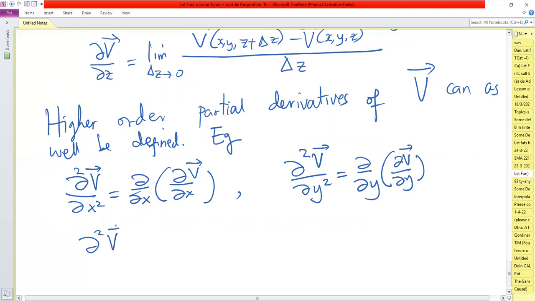The second partial derivative of v with respect to z is the same as partial z of partial v partial z.